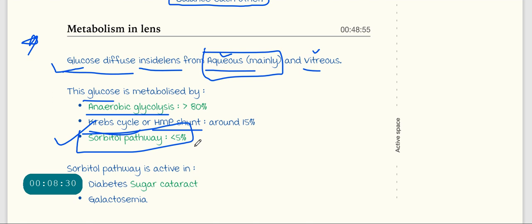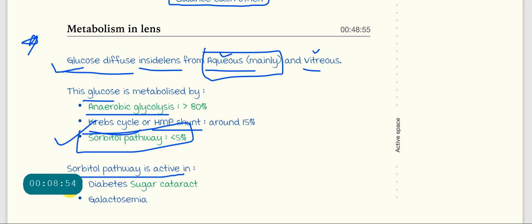Now let us discuss the sorbitol pathway, and why it plays a role in metabolism. Sorbitol is not itself playing a role, but after activation it plays a role, like when the sorbitol pathway is activated in diabetes, in sugar cataracts.